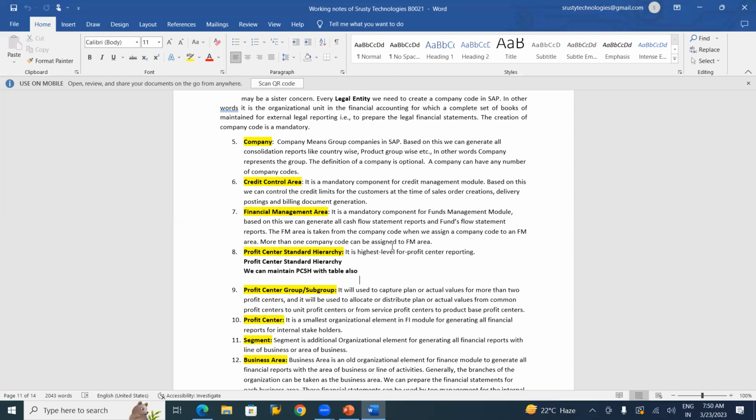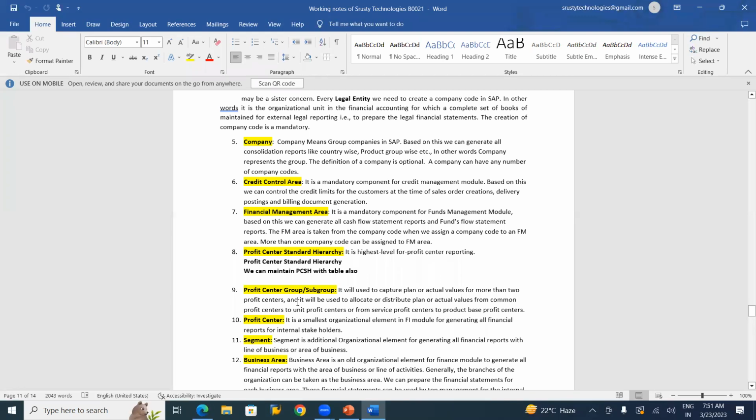So we are going to see both how to create with the navigation path and how to maintain the profit center standard hierarchy with the table also. Clear? Next one, profit center group or subgroup.